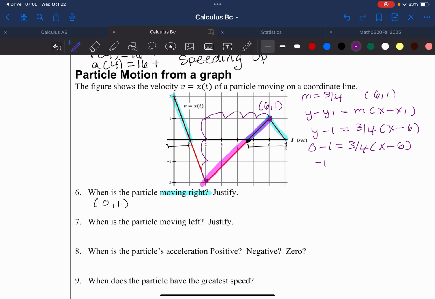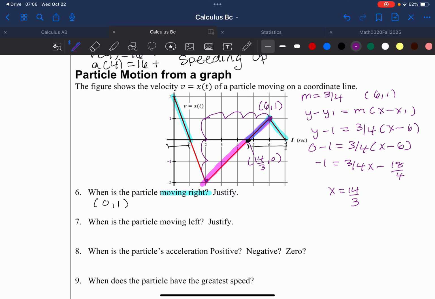So this would be -1 is equal to 3/4 x minus 18/4. Okay. You would add that over to the other side, get common denominator, and you would end up getting x is equal to 14/3 when you simplify, which means this point right here is going to be 14/3, 0.